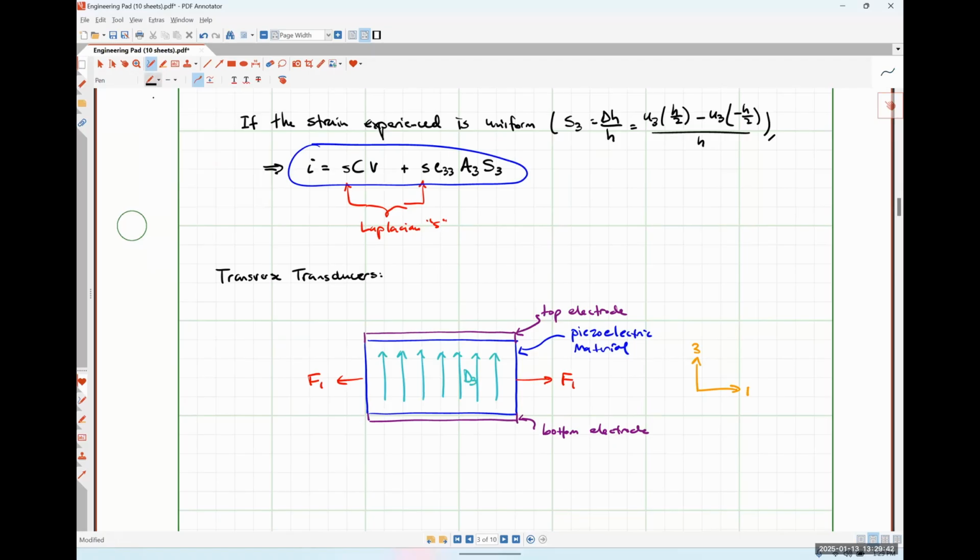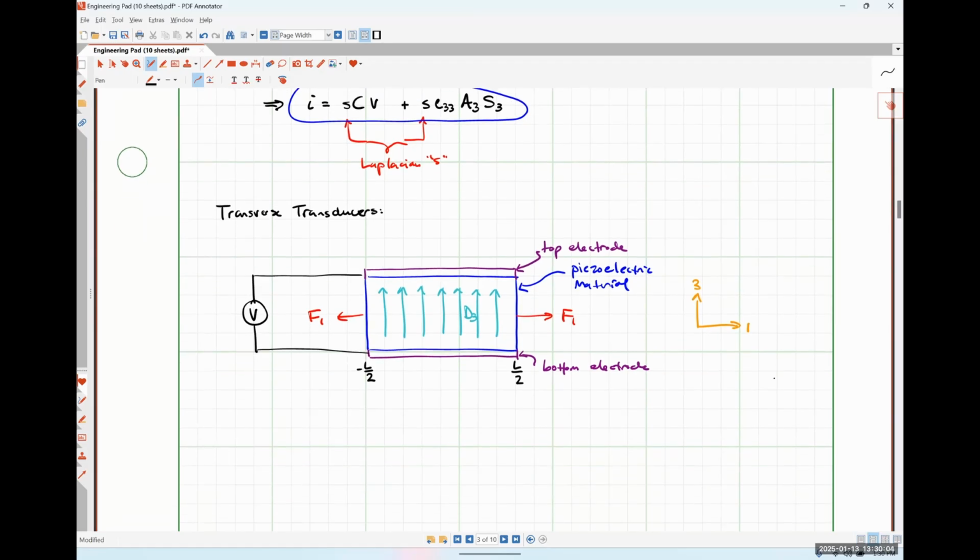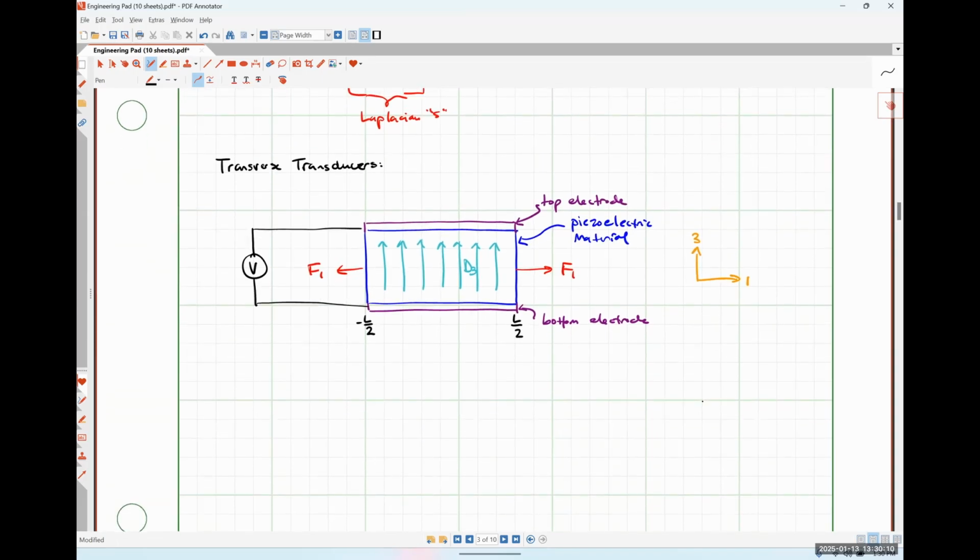I'm going to call the left-hand edge of my piezoelectric material negative L over 2, the right-hand edge capital L over 2, and let's put voltage sense here. So under this particular configuration, let me make sure I've got everything labeled in my notes. Looks like I do.